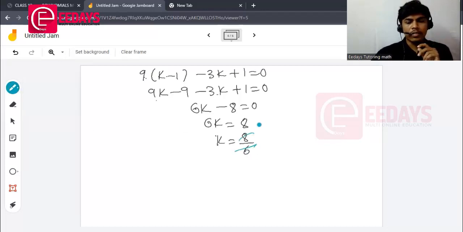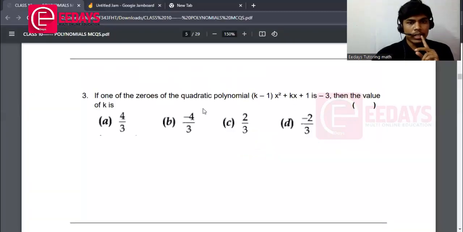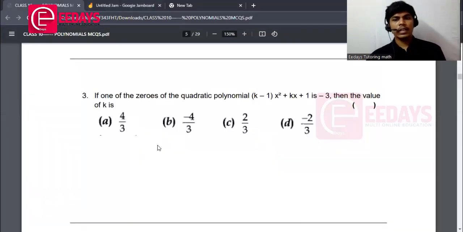After cancellation, k is equal to 4 by 3. Let's check the options: 4 by 3, option A is the correct answer. Be careful with the calculation part.